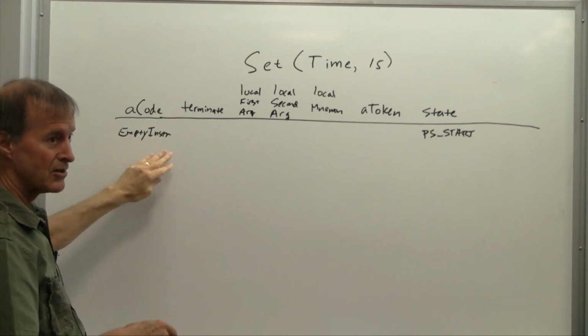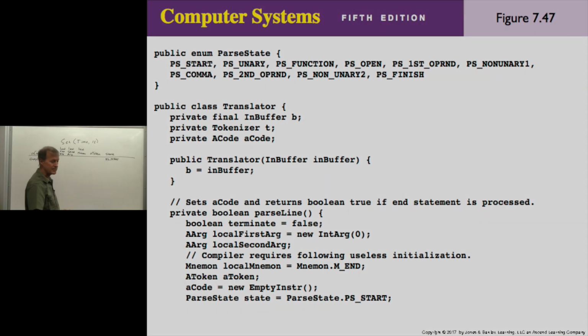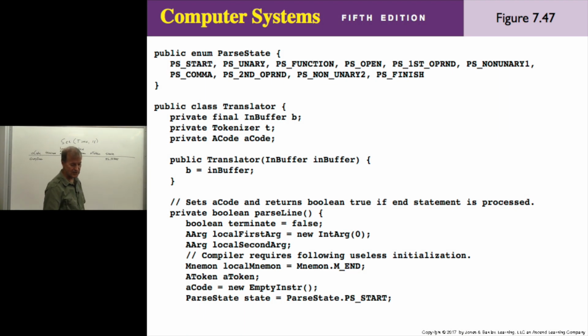But if it's an error, it returns false. So that's what it does. Now let's go back to the top of the code again. Here in figure 7.47, private Boolean parseLine, the very first thing that it does is Boolean terminate gets what?